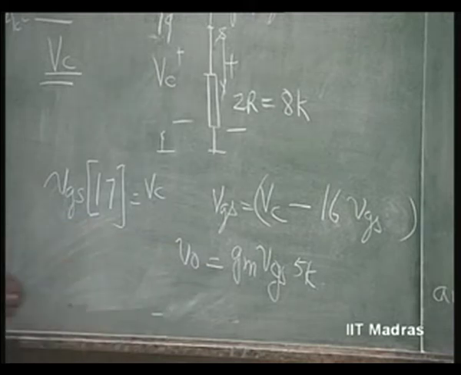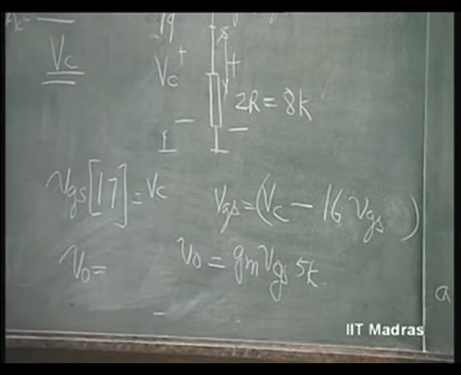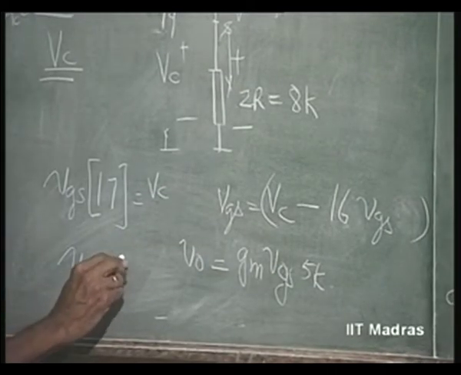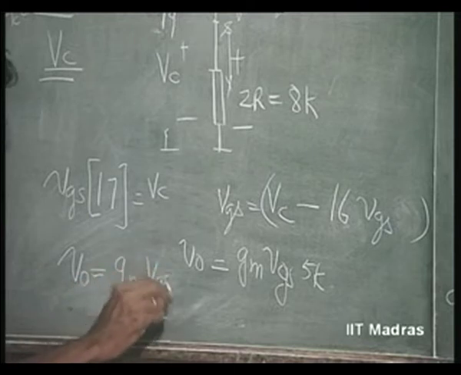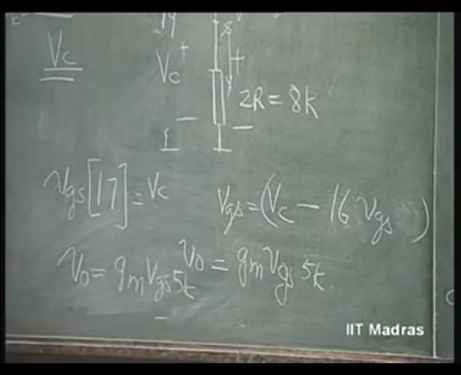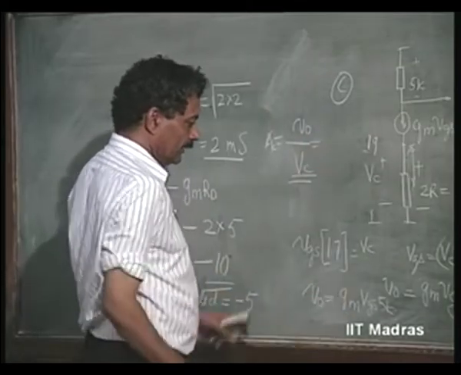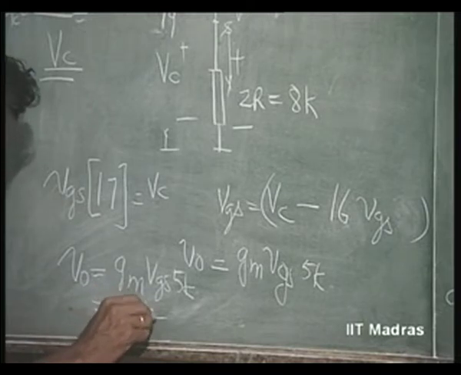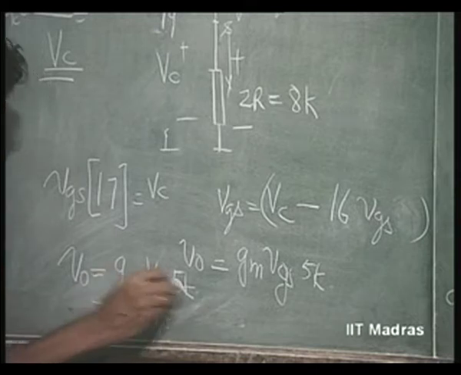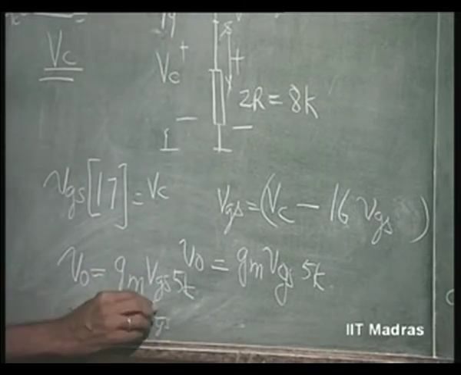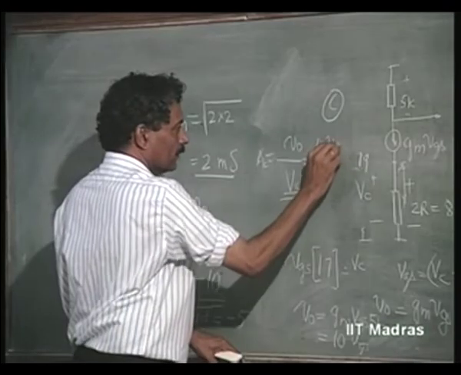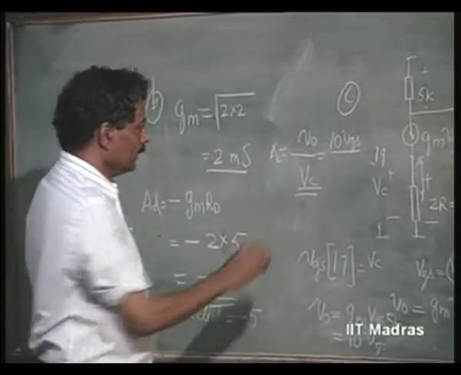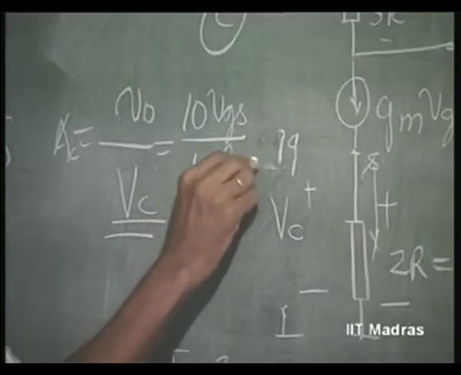We substitute it: V naught is equal to gm Vgs into 5K, which is 2 into Vgs into 5K, so 10 Vgs, divided by Vc, which is 17 Vgs.